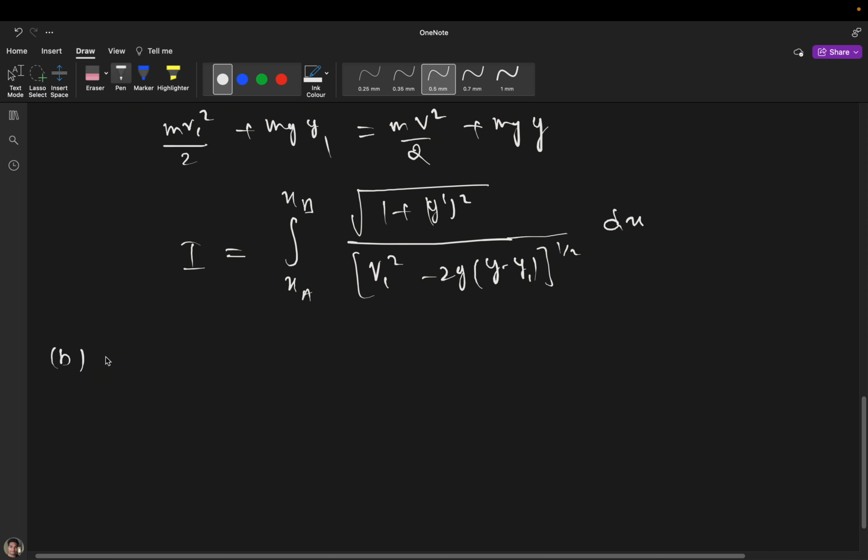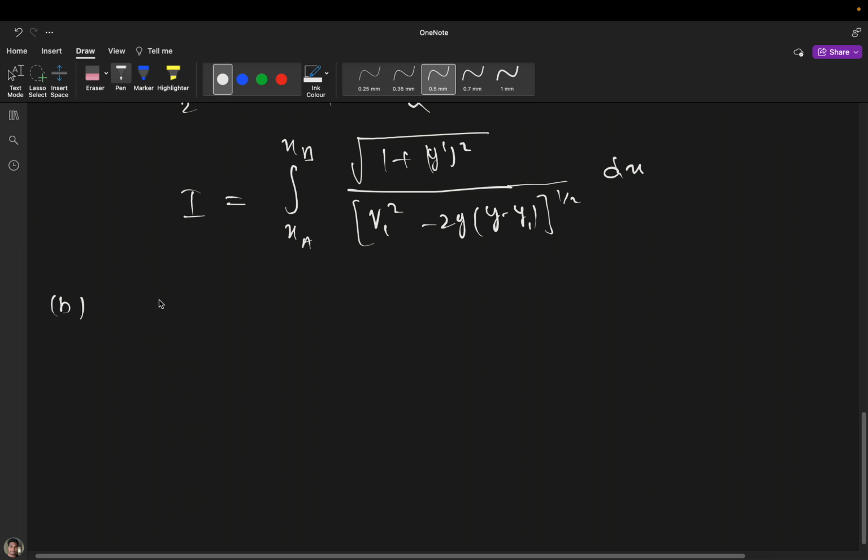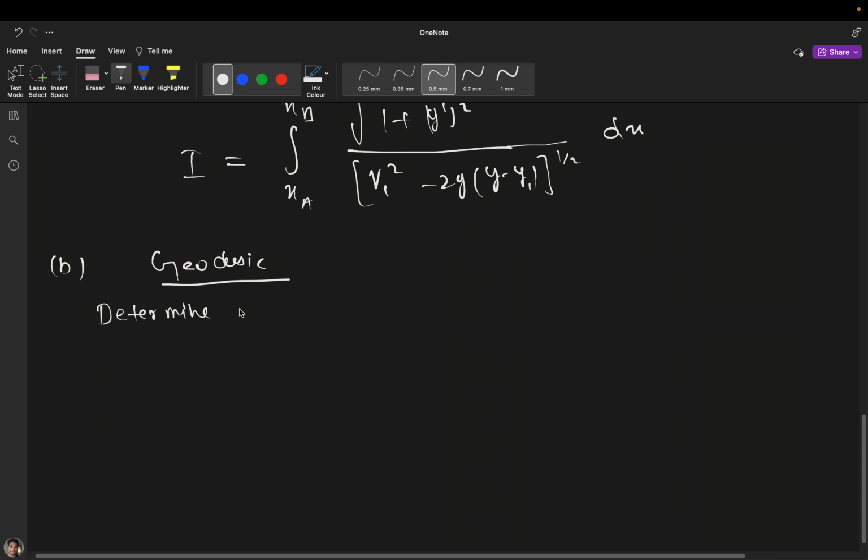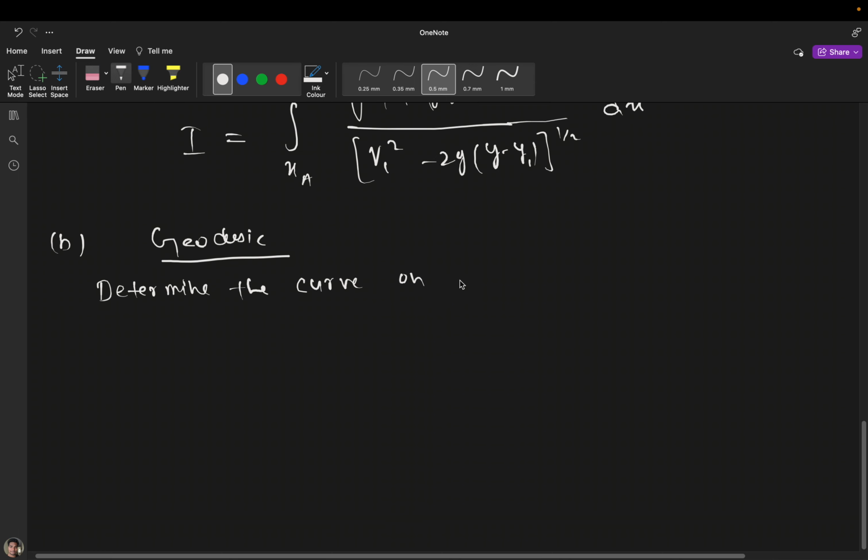And there is another problem that is called geodesic. Have you heard about it? No, sir. I will tell you. Geodesic. In the geodesic problem, which is also from the variational calculus, it says determine the curve on a given surface g, x y z.